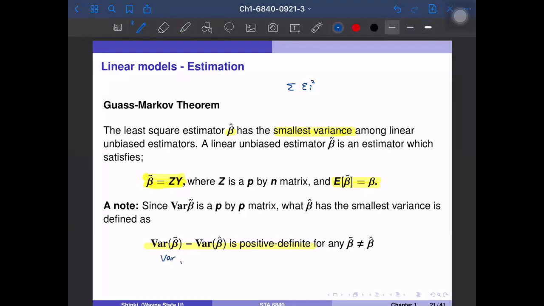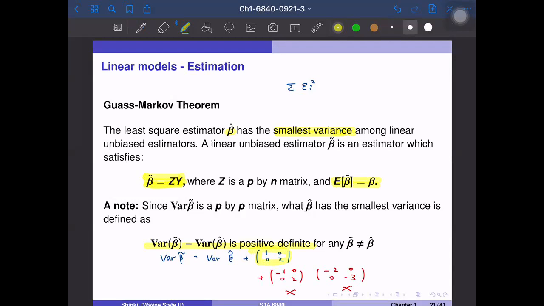So variance of beta tilde can be variance of beta hat plus some positive definite matrix such as 1, 0, 0, 2, but we never have a matrix such as variance of beta hat plus -1, 0, 0, -2 or -3. We never have these cases. So always this part should be a positive definite matrix.